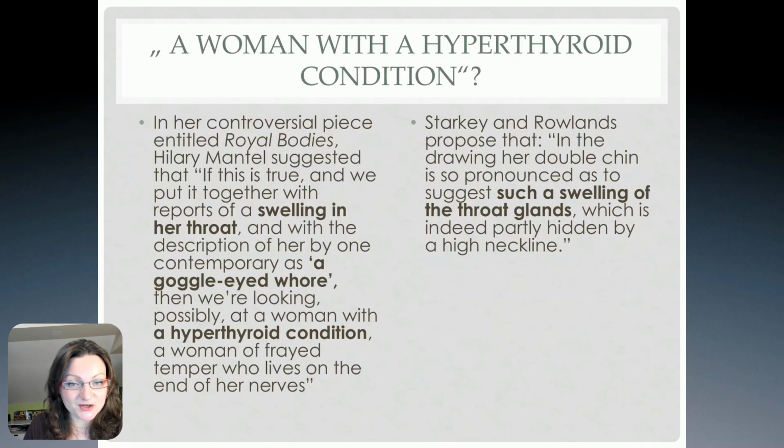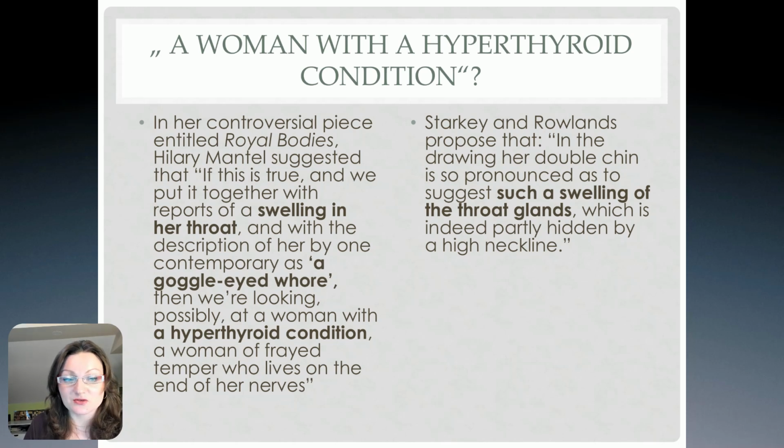Now, in her controversial piece entitled Royal Bodies, Hilary Mantel suggested that if this is true and if we put together the reports of a swelling in her throat with the description of her by one contemporary as a goggle-eyed whore, then we are looking possibly at a woman with a hyperthyroid condition, a woman of frayed temper who lives on the end of her nerves.